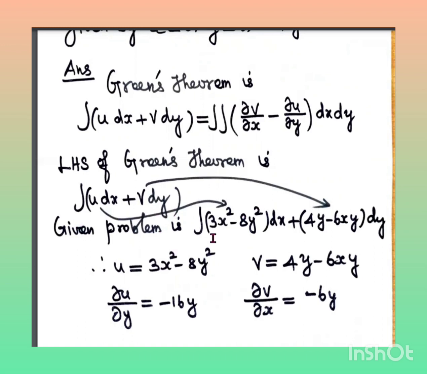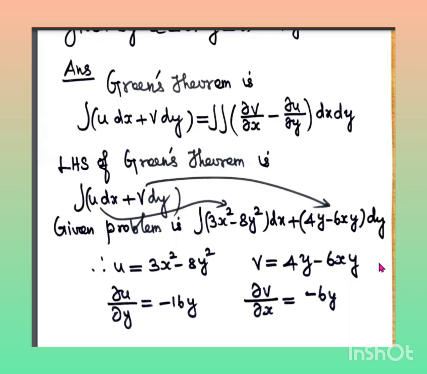The given problem is the integral of (3x² − 8y²) dx plus (4y − 6xy) dy. You can compare with the Green's theorem statement left hand side, u dx plus v dy.